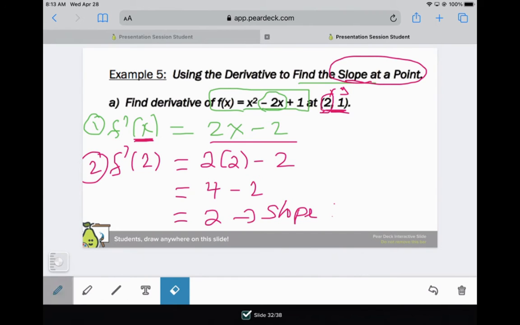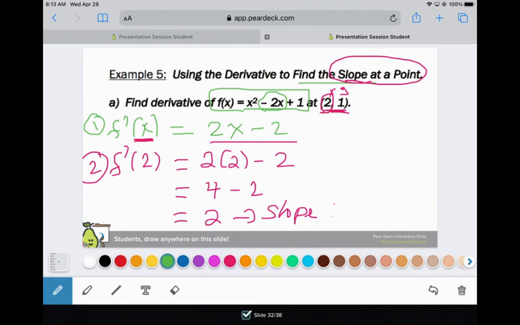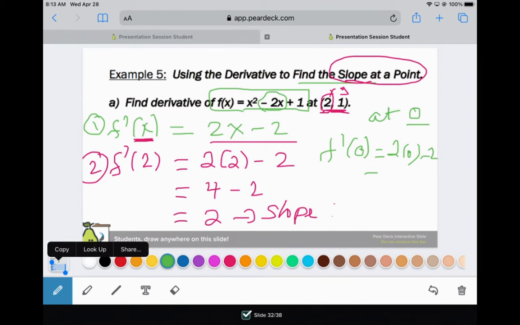Same thing, if I'm asking you to find the slope at 0, then I'm just going to plug in the 0. Right, so 2 times 0 minus 2, so this is going to be negative 2. So that is the slope. When x is 0, the slope is negative 2. As you notice, this is a quadratic function, so the slope is not going to be the same.